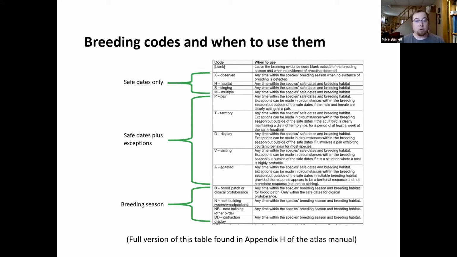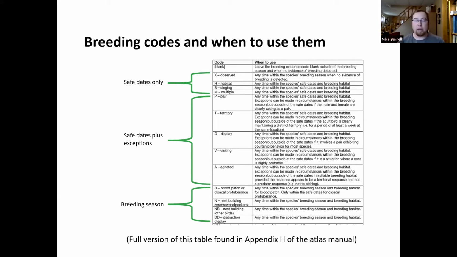The full version of this is in Appendix H. Don't worry about memorizing this right now. Just remember that if it's a behavior like singing or breeding habitat, the S or H code especially, you want to reserve the use of those to just within the species' safe dates. And of course, if you're only atlasing during the core atlasing period, basically in June, then you don't really need to worry about this aspect at all.